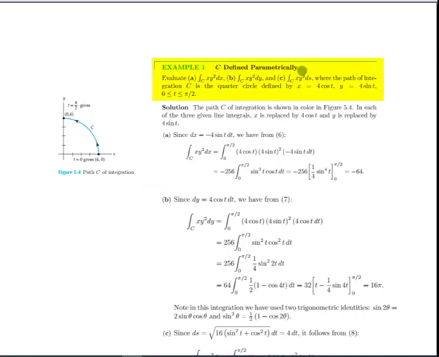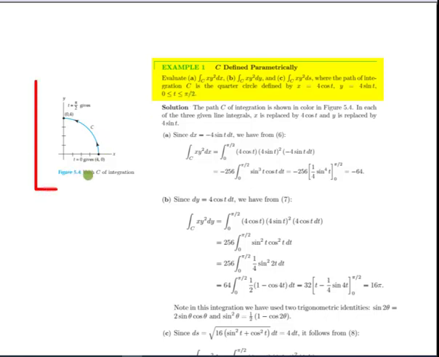When C is defined parametrically, the question is: evaluate part A, the integral over C of xy² dx, part B, the integral over C of xy² dy, and part C, the integral over C of xy² ds, where the path of integration C is the quarter circle defined by x = 4 cos t, y = 4 sin t, and t from 0 to π/2.